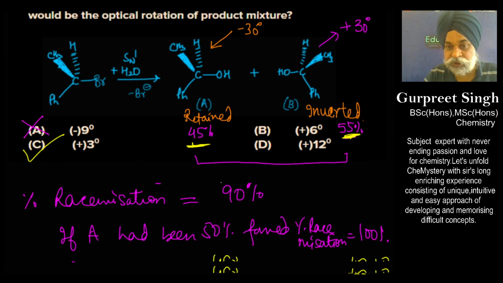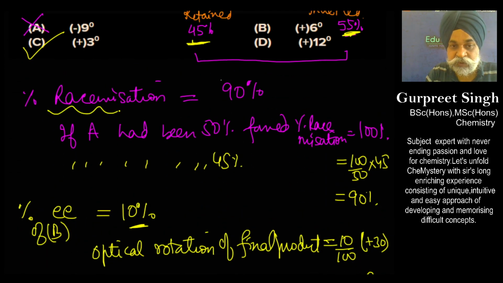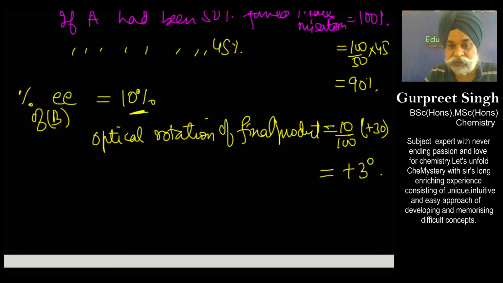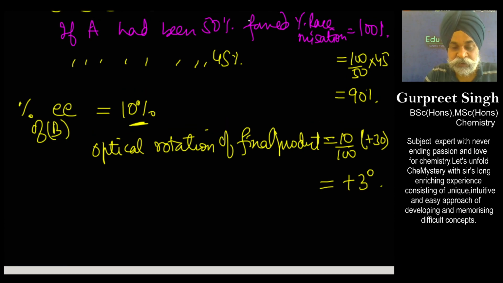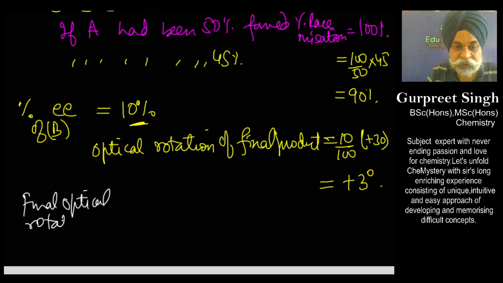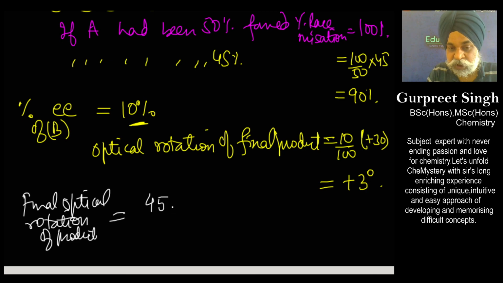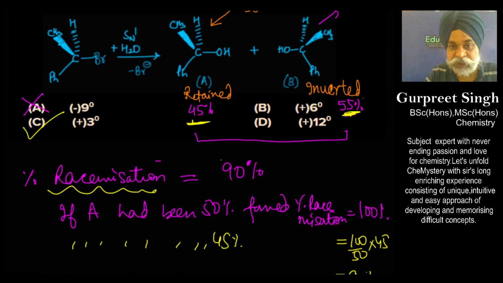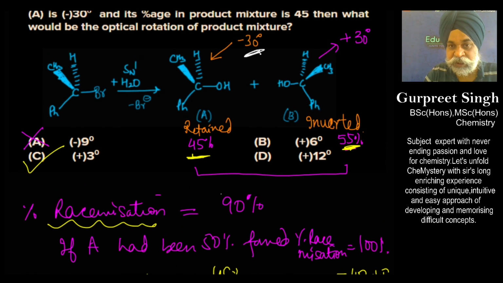Another way to do the same question, because I have done two more questions along with the problem solving, so that in case you get this sort of question, you are able to do it. Another way to say the same thing is that the final optical rotation of the product can also be found like this: 45% of the first, how much rotation is it going to do? 45% of minus 30, because this is minus 30.